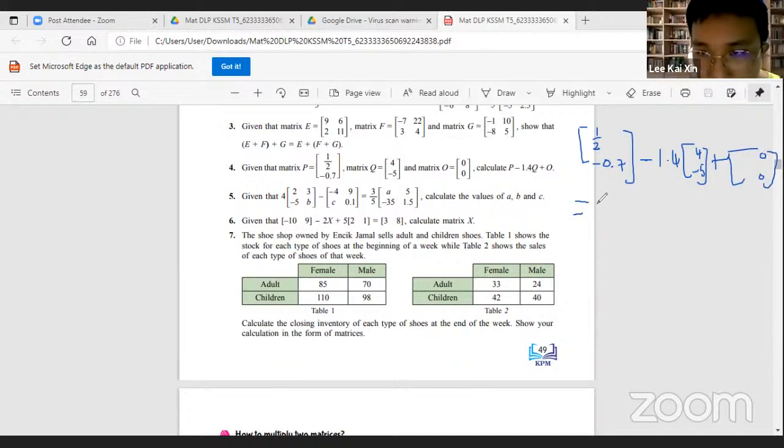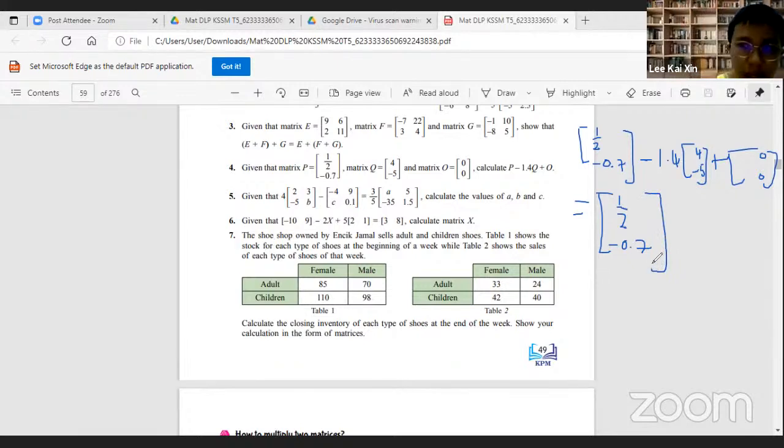So we continue in this form first: 1/2 and negative 0.7. 1.4 times 4, we will get 5.6.